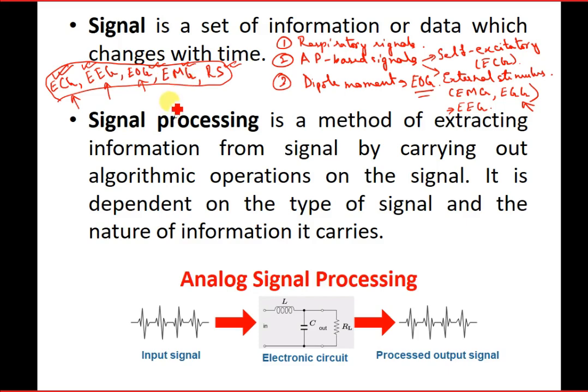Then EMG provides us information on how our muscles are working. So we can find out the degeneracy in the working capability of the muscles using the EMG signals.